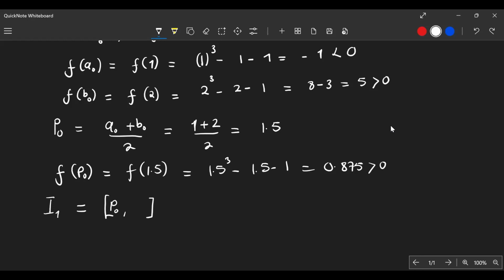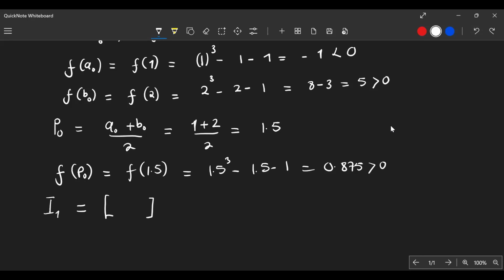For the negative part, we're going to maintain it, because remember that the interval always has to give us the function for both positive and negative values. So this a naught will be maintained. Sorry, not b naught. b naught is the one giving us a positive value.